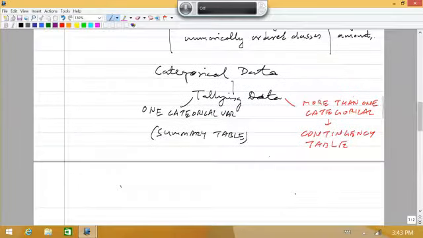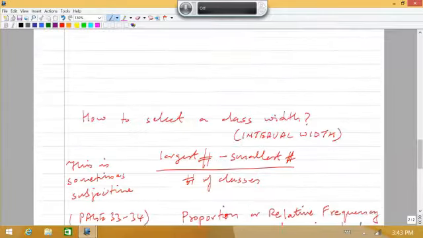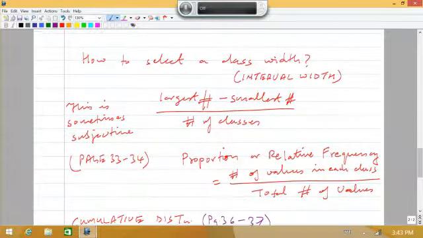Next thing we ought to do is look at relative frequency and how we can use this information to construct the class width and also the relative frequency and the cumulative frequency. So if you move on to page 34, table 2.8, they show how the table has been constructed.